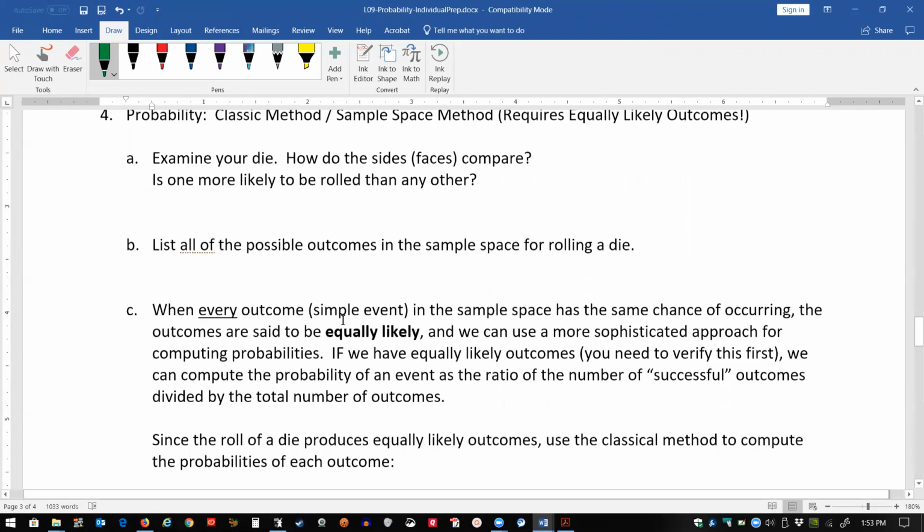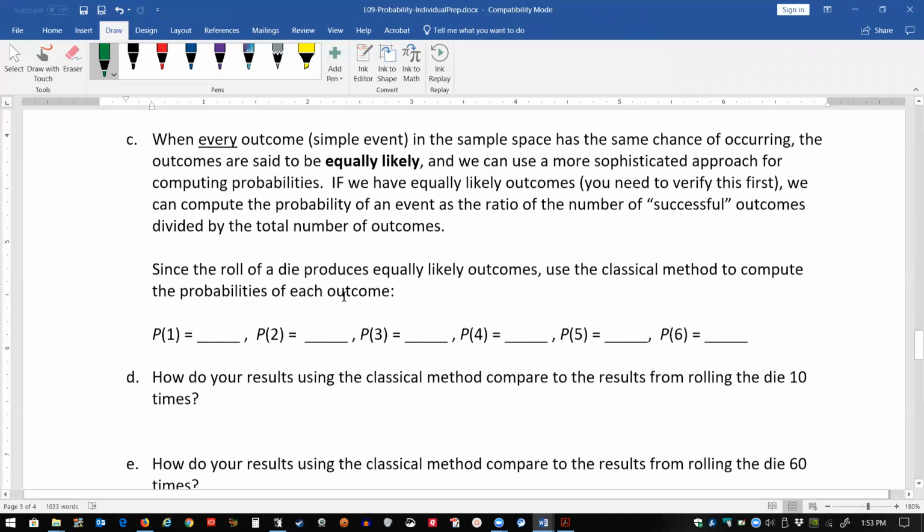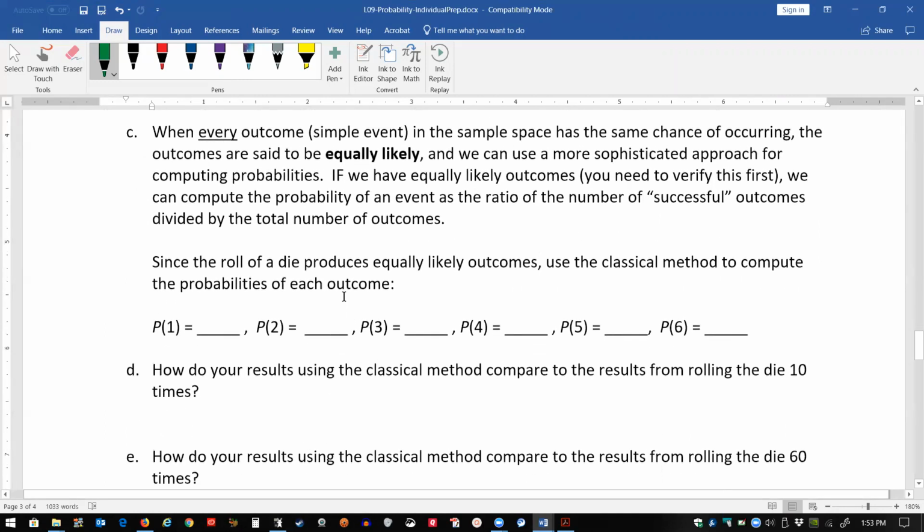Okay, so when we do this, we already talked about the sample space for rolling a die, right? 1, 2, 3, 4, 5, and 6. So when we're talking classic probability or theoretical probability, if I want to find the probability of rolling a 1, well, how many of those possible outcomes are a 1? There's exactly 1 of them, right?